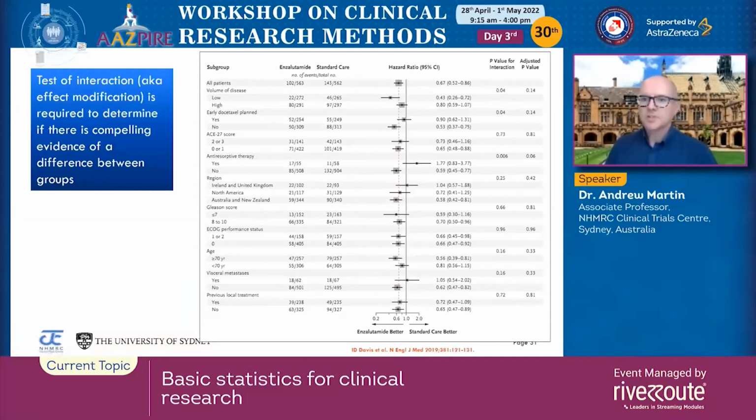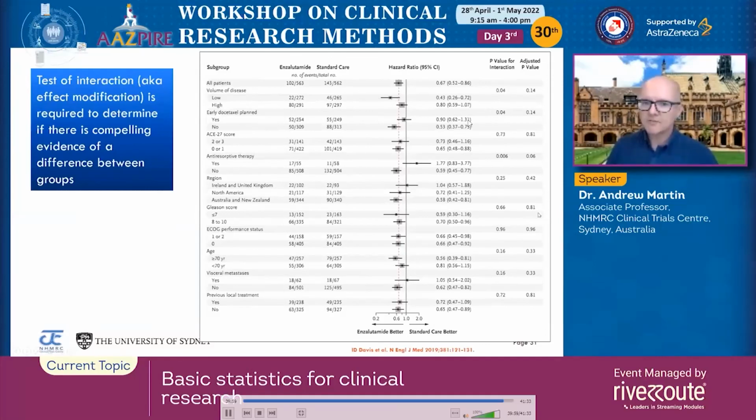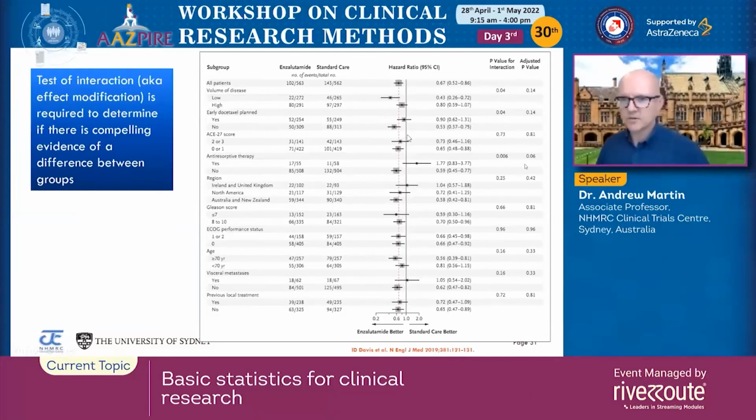Okay, so this is addressing the multiple comparisons problem. We've got 1, 2, 3, 4, 5, 6, 7, 8, 9, 10 tests of interaction being performed. And you can see prior to adjustment, some of them fall below the conventional criteria for declaring statistical significance, but after adjustment, none do.